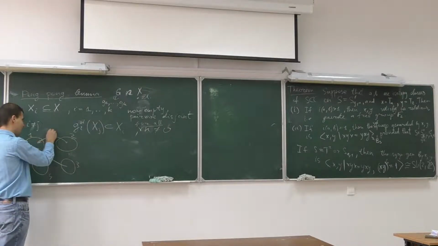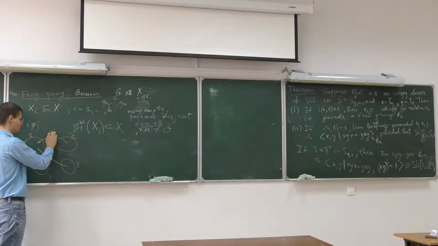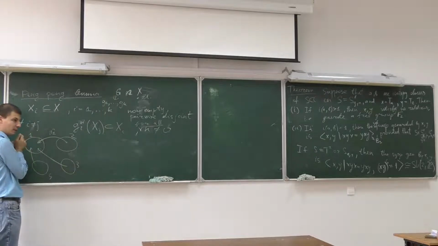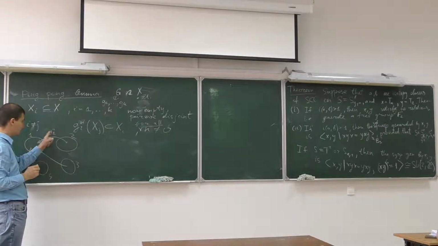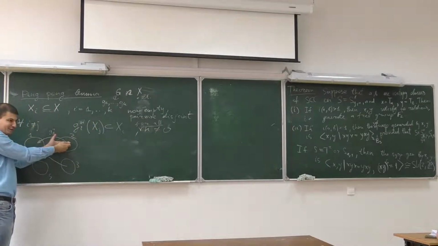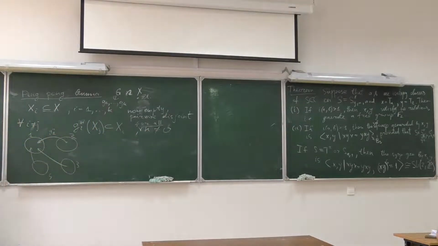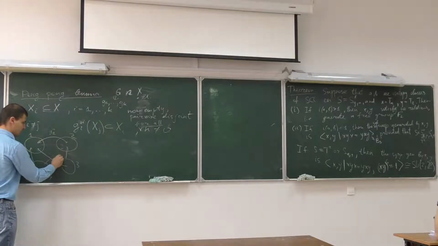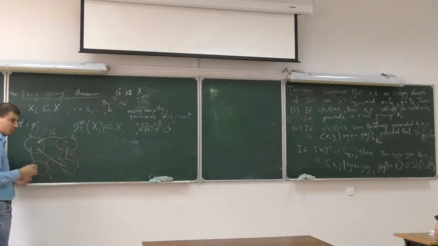But any power of g_1 maps all these sets here. Any integer, not necessarily positive. Yes, any just non-zero power. Of course, zero power maps to itself, but in the same way, any power of g_2 maps all these sets here, and so on.